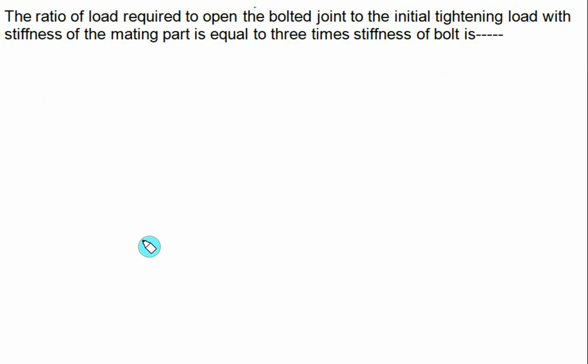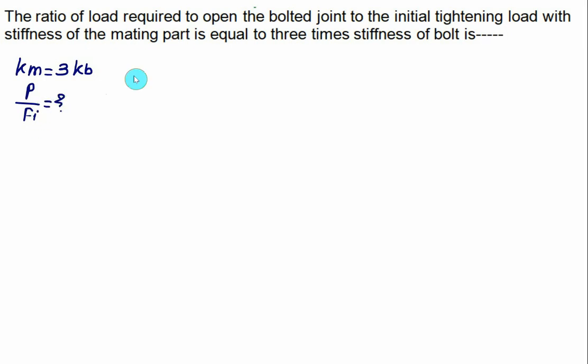The ratio of the load required to open the bolted joint to the initial tightening load, with the stiffness of the mating part equal to 3 times the stiffness of the bolt. Mating part has a stiffness equal to Km, and this value is given as 3 times the stiffness of the bolt. The ratio of the load required P divided by the initial tightening Fi we have to find out.